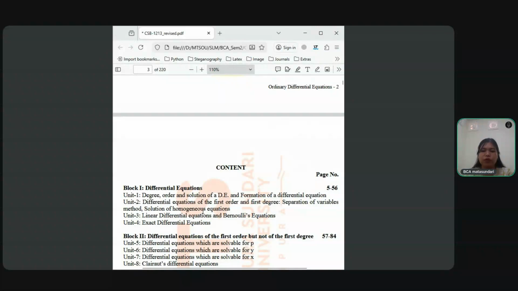Unit 2: differential equation of the first order, first degree, separation of variable method, solution of homogeneous equation, linear differential equation and Bernoulli equation. Unit 4: exact differential equation. Let's see how much we can cover within the time period for block 1.